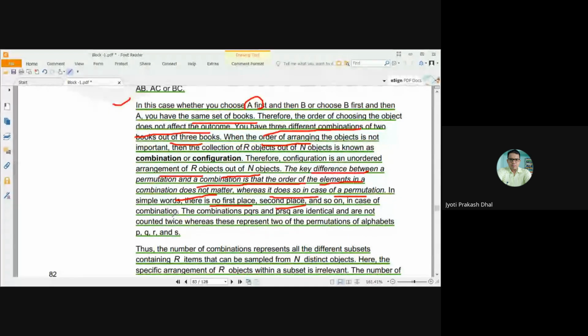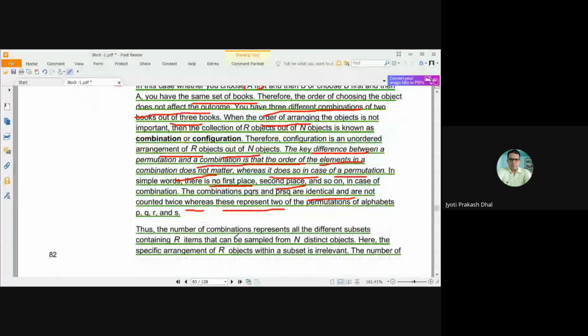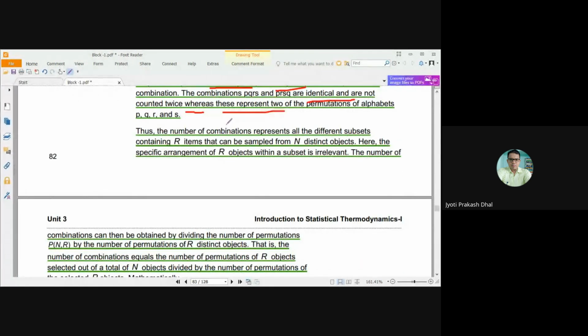In the case of combination, PQRS or PRSQ are identical and are not counted twice, whereas these represent different permutations of the alphabet PQRS. Thus, the number of combinations represents all the different subsets containing R items that can be sampled from N distinct objects.